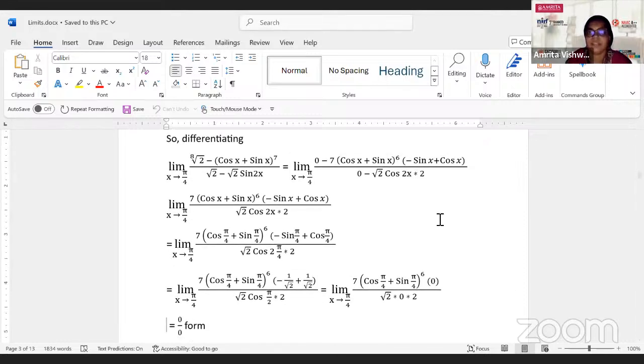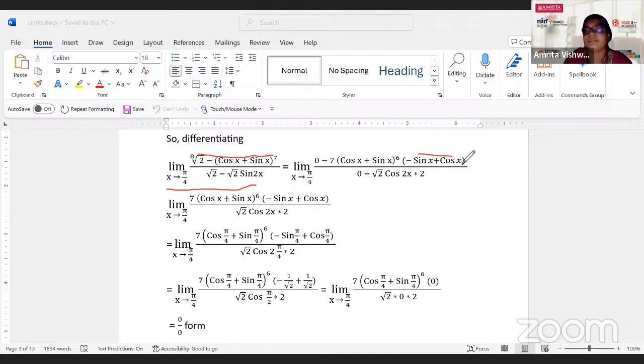Okay, we'll start differentiation. When it comes to differentiating the numerator, 8 root 2 is a constant, that's okay. Here, I'll be able to take it of the form x raised to n, x raised to n minus 1. There is already a minus. So negative 7 into (cos x plus sin x) whole raised to 6 into, what is the derivative? Cos x becomes minus sin x and sin x becomes cos x.